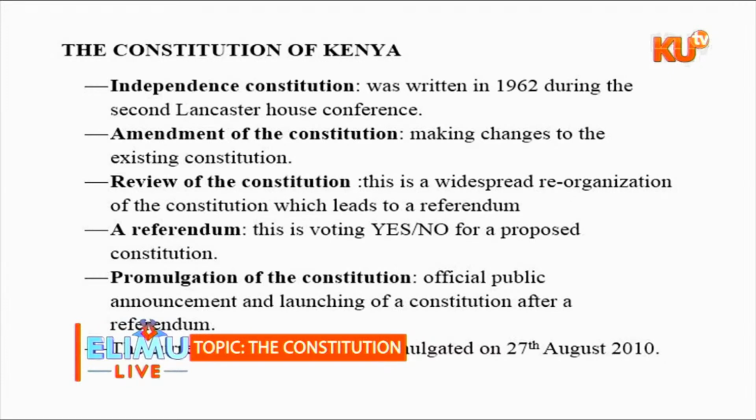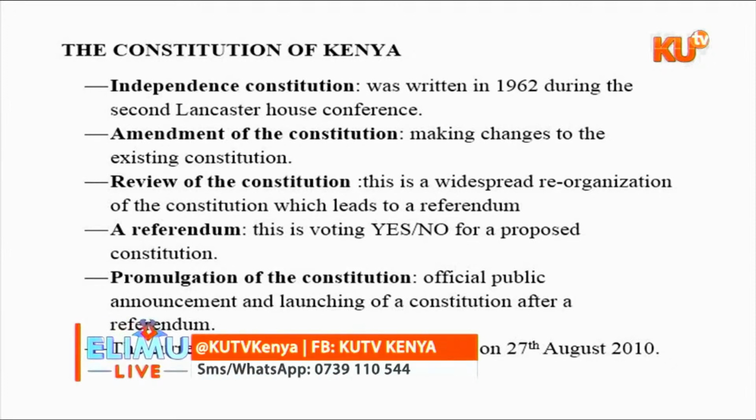When such a time comes, a group or a commission is put in place that goes around the country to look for views. After getting the views, they consolidate them, and that leads to what we call a referendum.